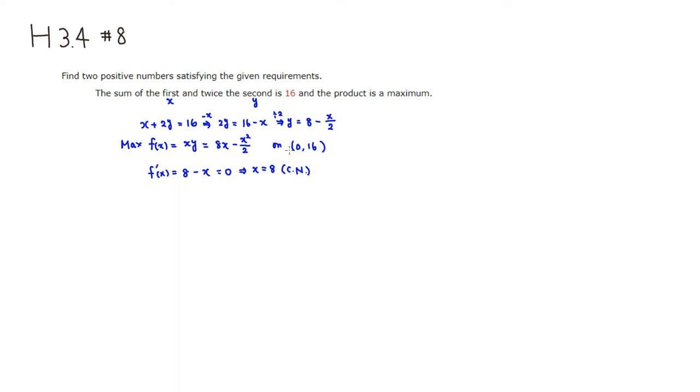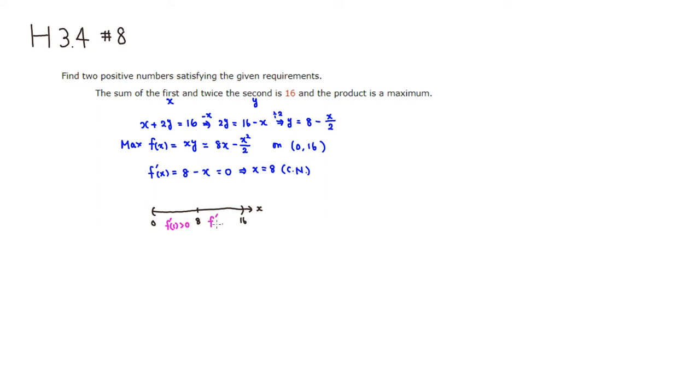Then if you do a number line, just to make sure that this will give you the maximum, between 0 and 16, I'll put the tick mark for the critical number. If you look at f prime, for any number between 0 and 8, I'll just apply 1, this is definitely positive.